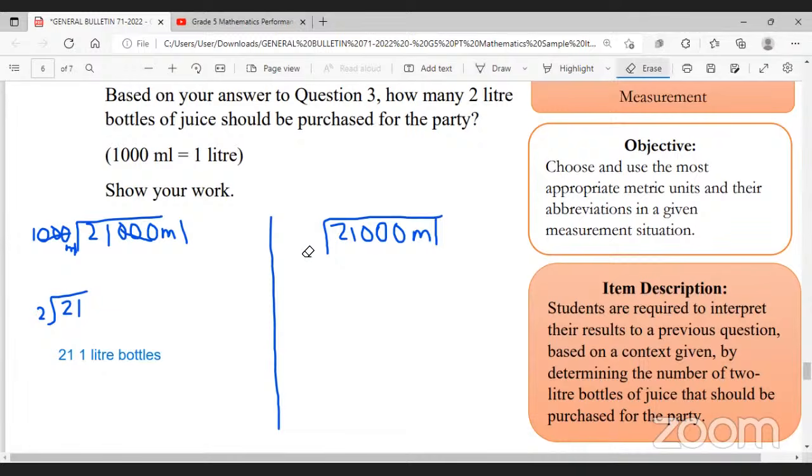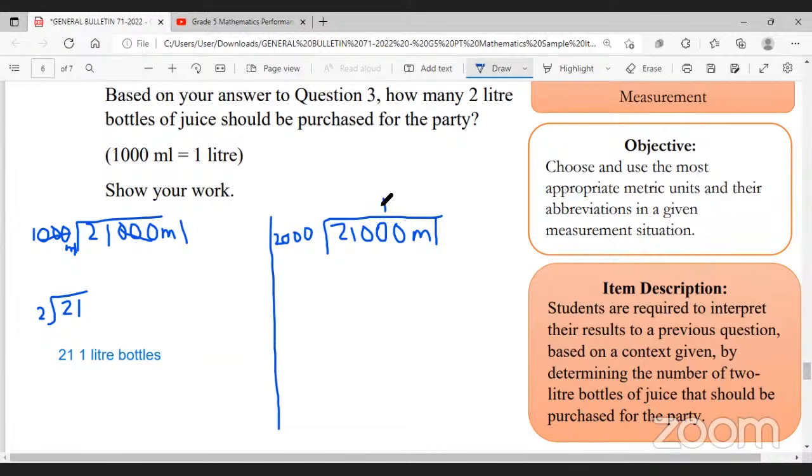We know that 1 liter is 1,000, so 2 liters will be 2,000, as 2 times 1,000 is 2,000. So 2,000 into 21,000, we have to put it into the fourth number because it cannot go into 2, cannot go into 21, cannot go into 210. So we have to put it into 2,100.